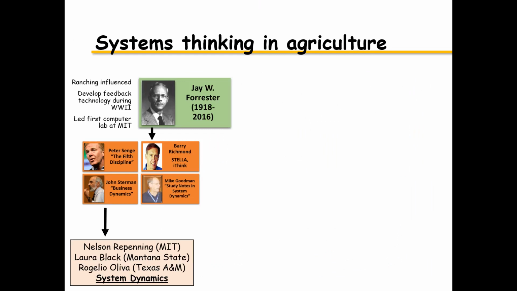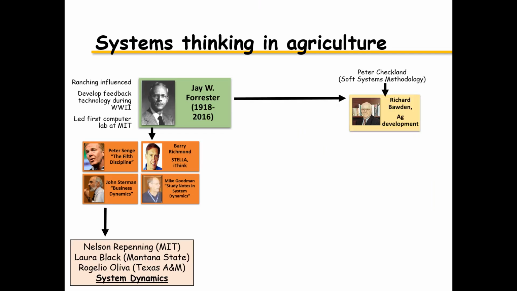So that's what I would call mainline system dynamics and or systems thinking. And so where does this line up for natural resource management? There are several influential people that I want to recognize, and one is Richard Bawden, who, for my money, from what I can tell, developed the first agricultural systems-based program anywhere in the world.